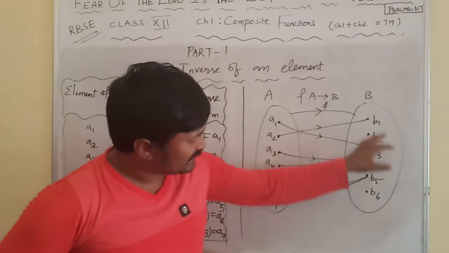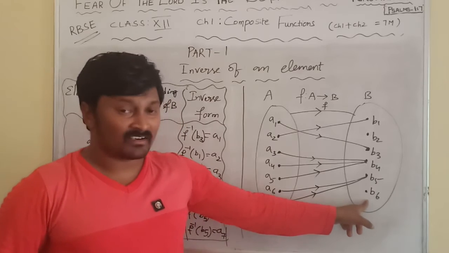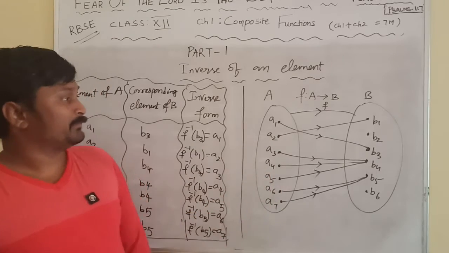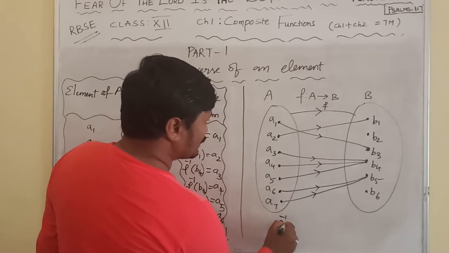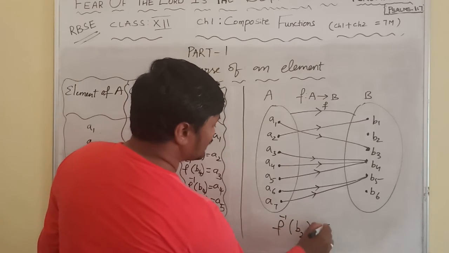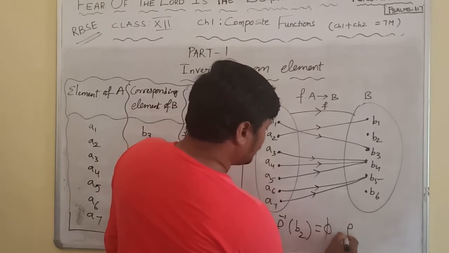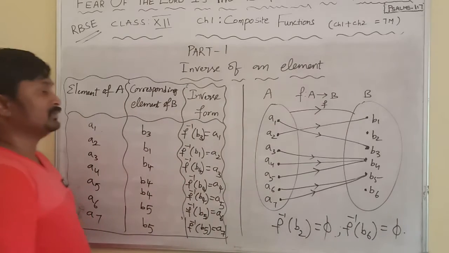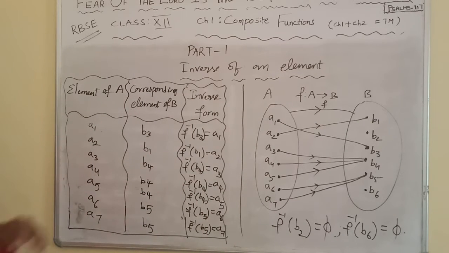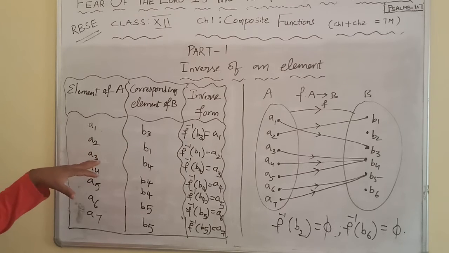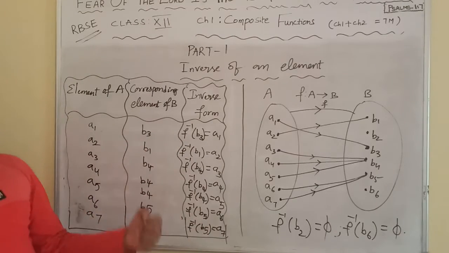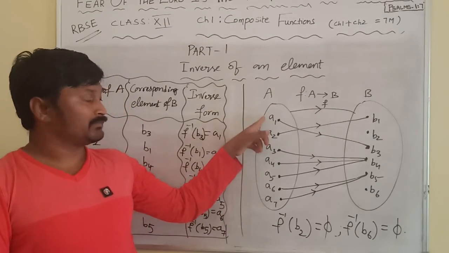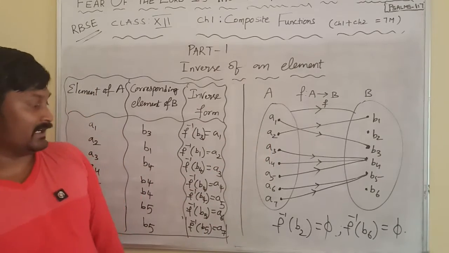But observe carefully here, for B2 and B6, no element of capital A is associated. So we write F inverse of B2 is equal to no element, which we represent with pi. F inverse of B6 is equal to pi. What do you understand here? If an element is associated, we write it in this form, and if no element of capital A is associated, then we write it as pi.